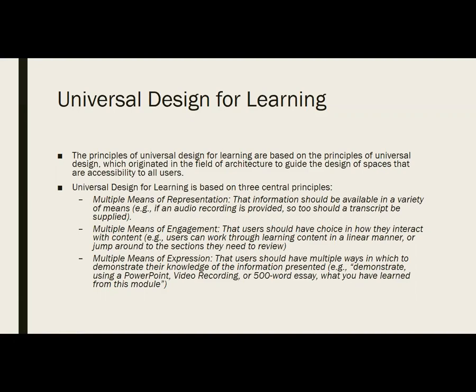So you have audio recording as an example of that. You could also have the same audio recording being transcribed in such a way that other people that can't hear but can see could actually access that very material. So that's what we mean by multiple means of representation.